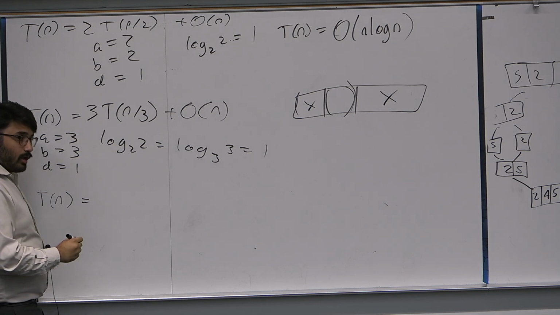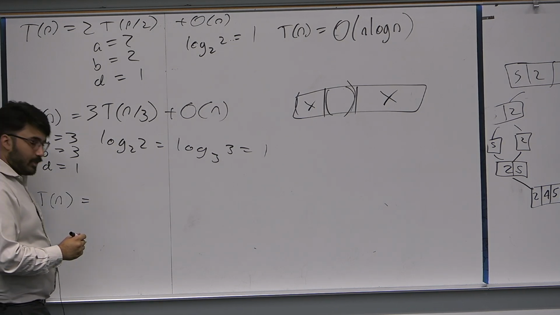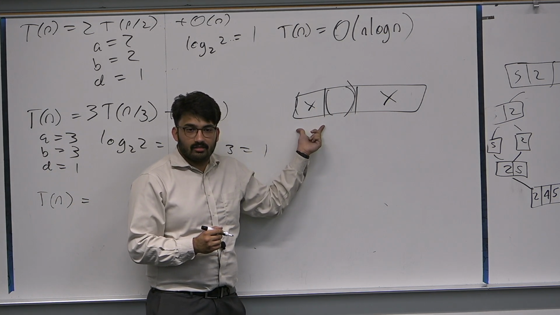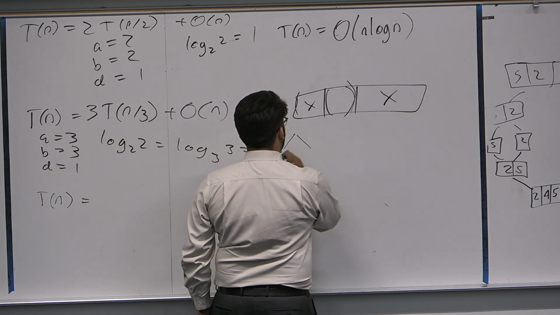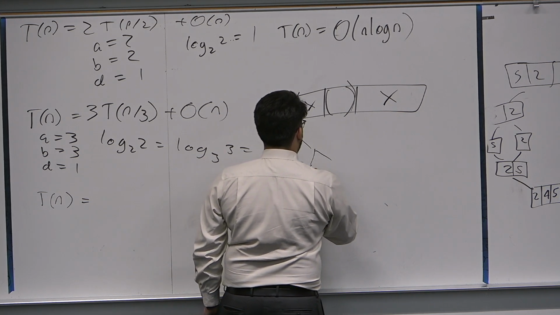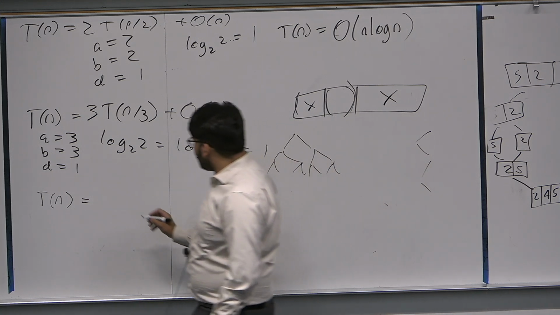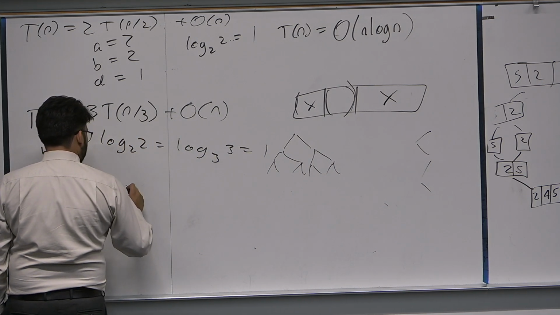A is 1? Why? Yes, we only have one recursive call. Even though we're splitting it in half, we're not recursing on both sides. That's the difference between merge sort looking like this and binary search looking like this. That's a big difference. So A is 1 here, and what is the size of the subproblem?